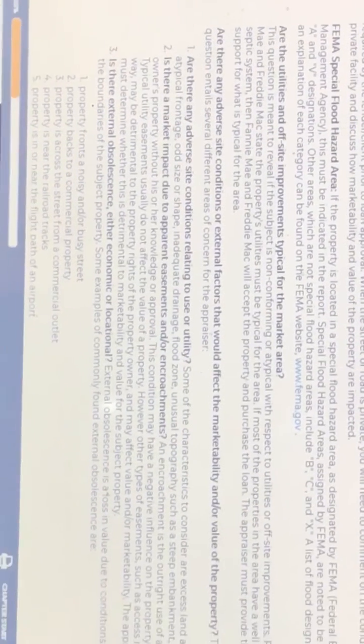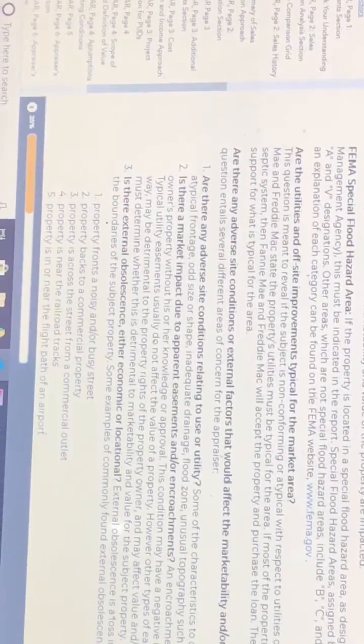Fannie Mae and Freddie Mac state the property's utilities must be typical for the area. If most of the properties in the area have a well and septic system, then Fannie Mae and Freddie Mac will accept the property and purchase the loan. The appraiser must provide the support for what is typical for the area.